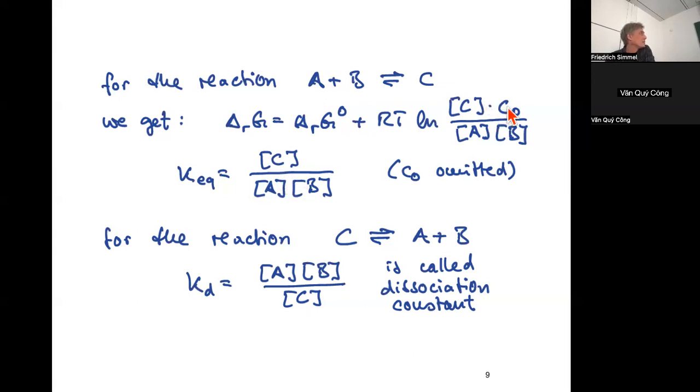In any case, I think you get the point. So most of the case, we for example, just take C0 1 molar, and that just gives us this additional unit that we need. And this is connected to the definition of the standard state.